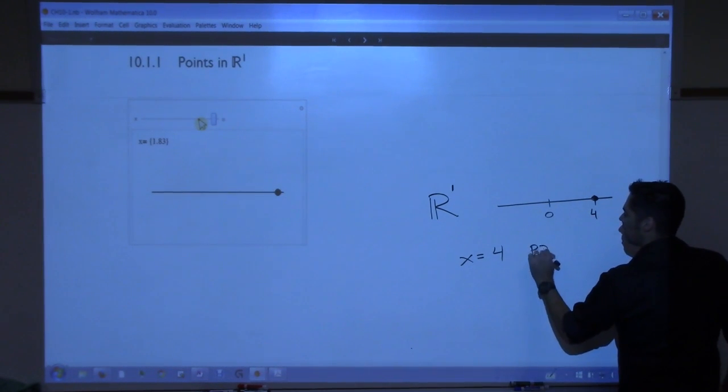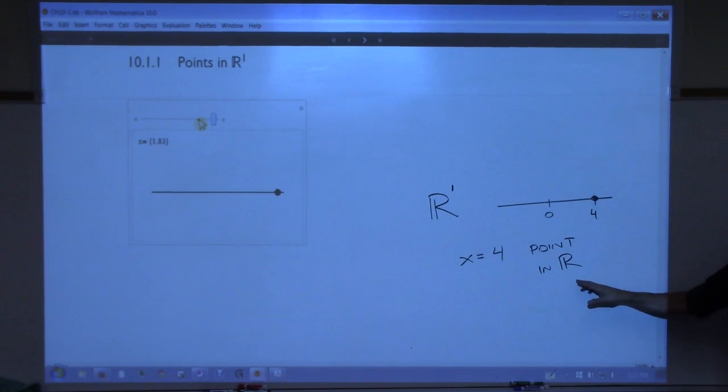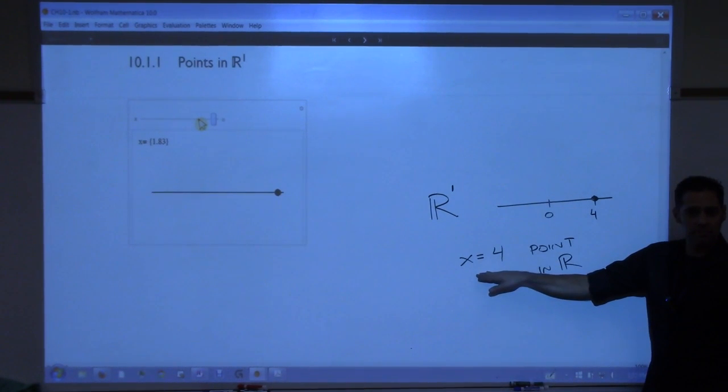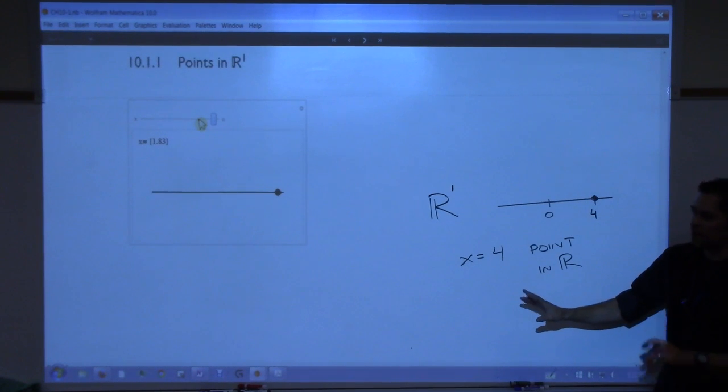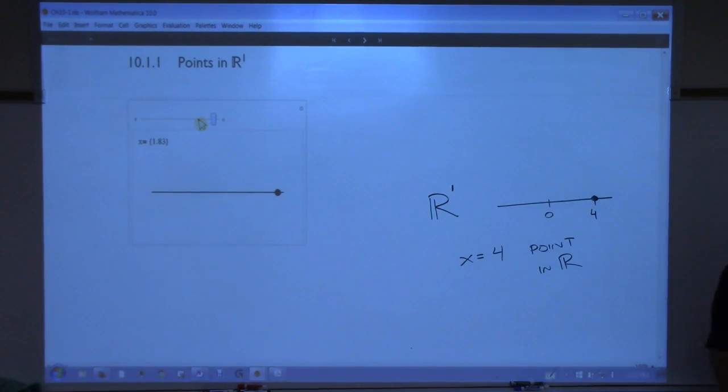So this is a point in R. What we're going to see is that this same equation in R2 is not a point, and this same equation in R3 is not a point. So that's why we're talking about it. Everyone with me, though? In R1, x equals 4 is a point in the space.